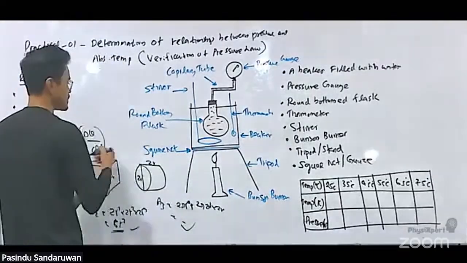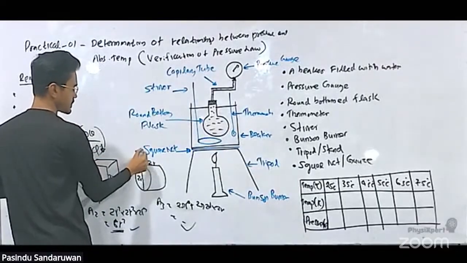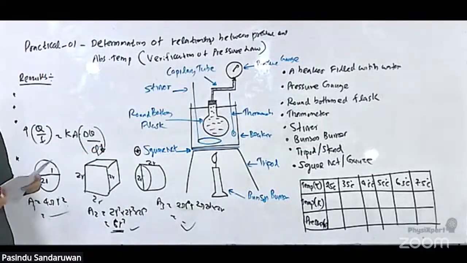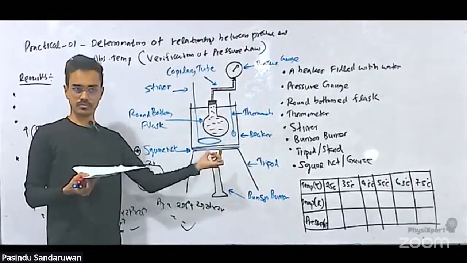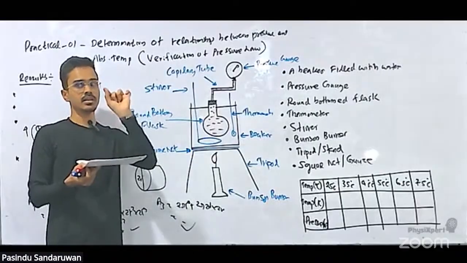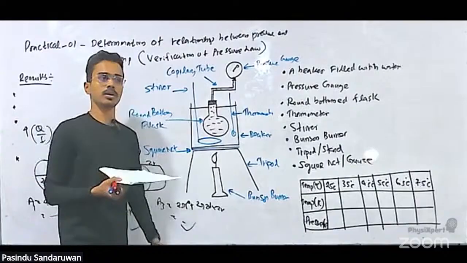Next thing is about using the square net, right? I mentioned this point earlier. Only when the square net is used can we uniformly distribute the heat coming from the Bunsen burner throughout the bottom of the beaker. Otherwise the flame is going to point to one point at the bottom of the beaker.